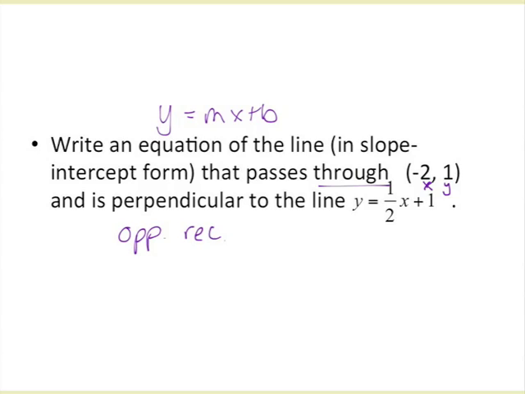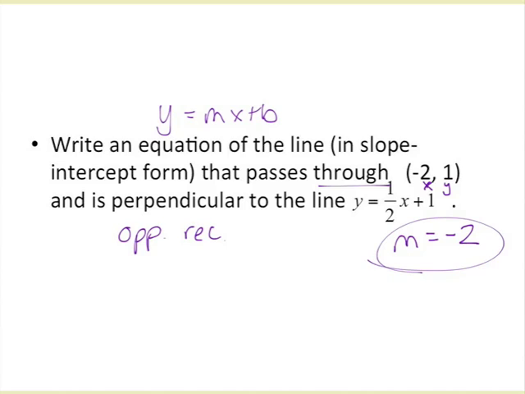Both change, positive, negative, and flip it, to this line. What's the slope in this line? 1/2. So what slope do I want to use for my perpendicular line? -2 or -2/1. Positive, negative switch. So positive 1/2 becomes negative, and reciprocal, flip it over, makes 2.